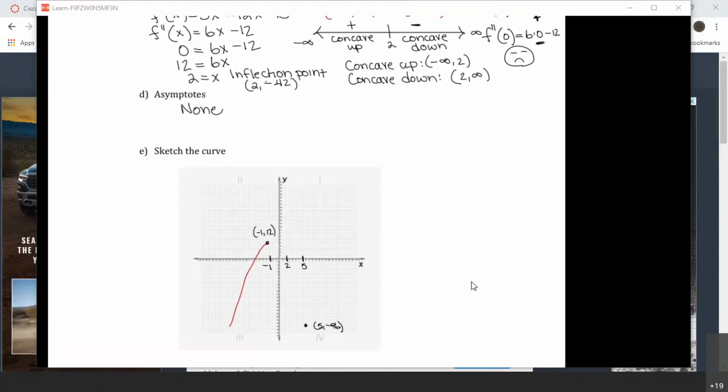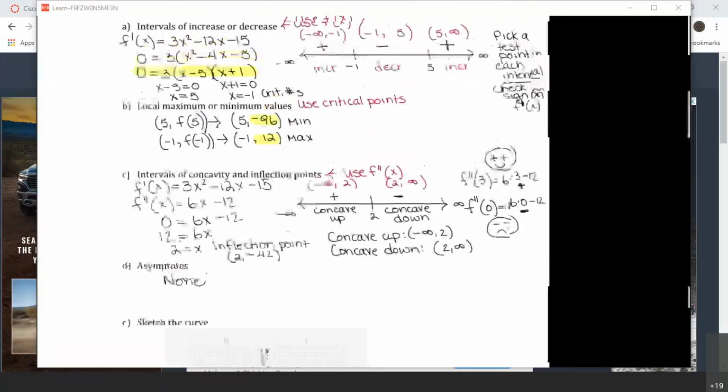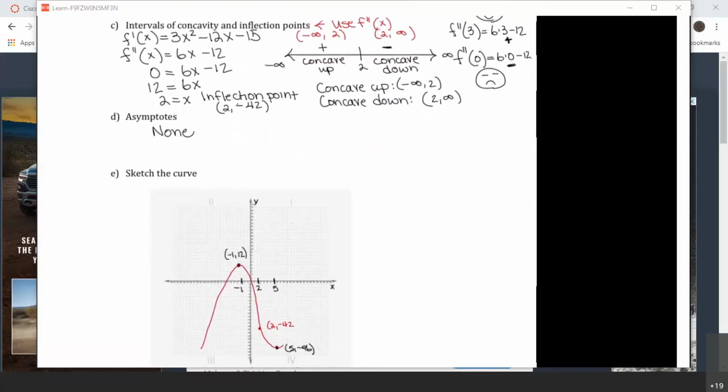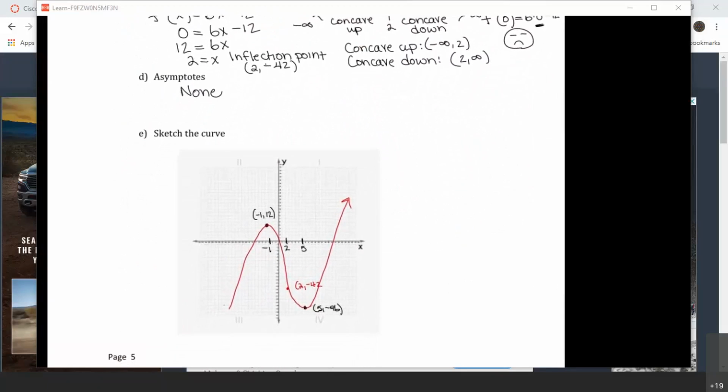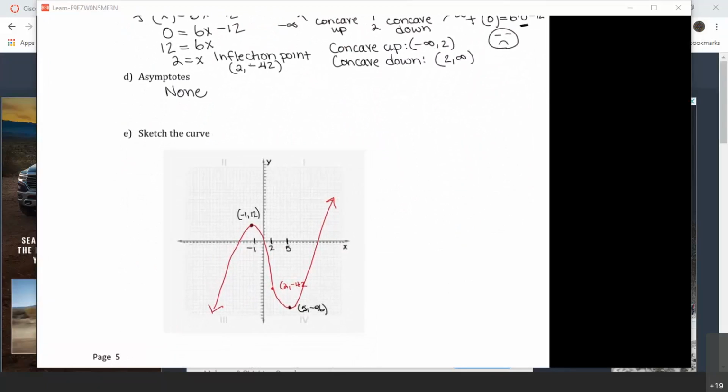Where? At 2, -42. Here's my shift in concavity. It goes down like this, and then becomes concave up, and you can see it increases out from 5 to infinity. That would be an accurate enough graph.